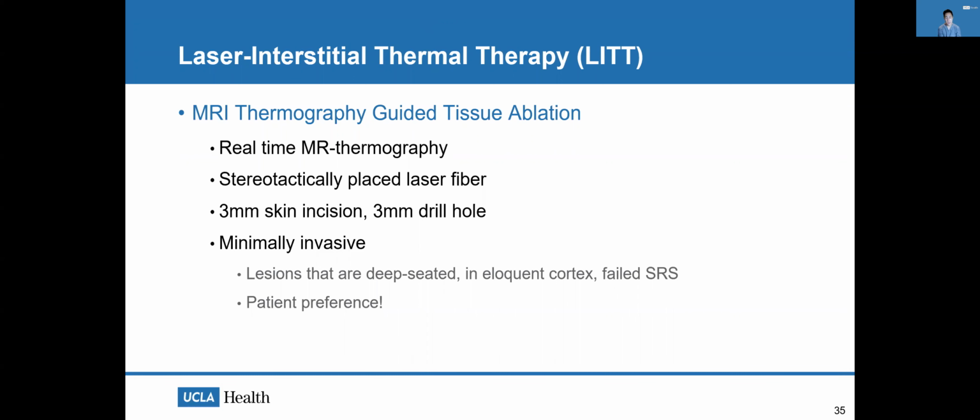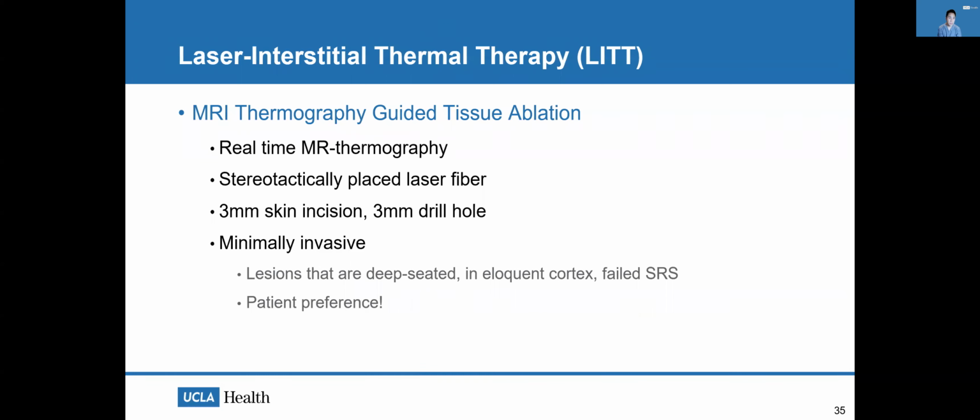MRI thermography is essentially where we can translate the movement of water molecules and how they change when we are adding heat via laser fiber in the MRI, and estimate or predict the tissue heat maps or the amount of heat energy brain tissue is getting in real time.